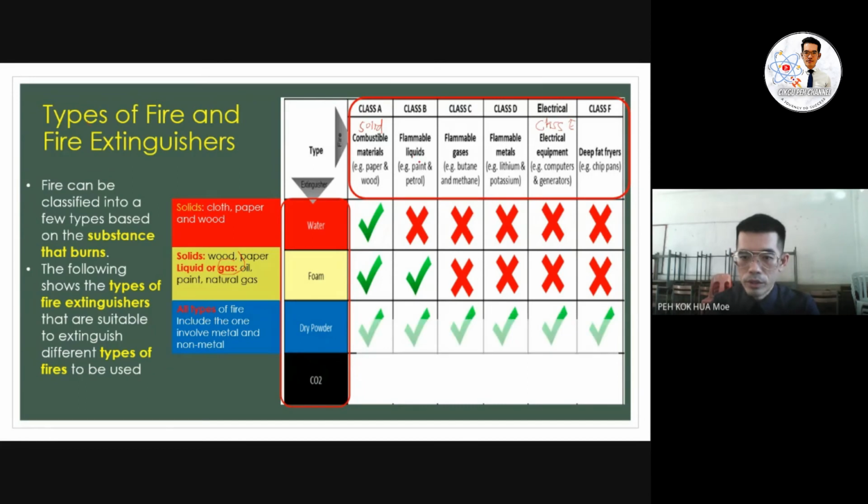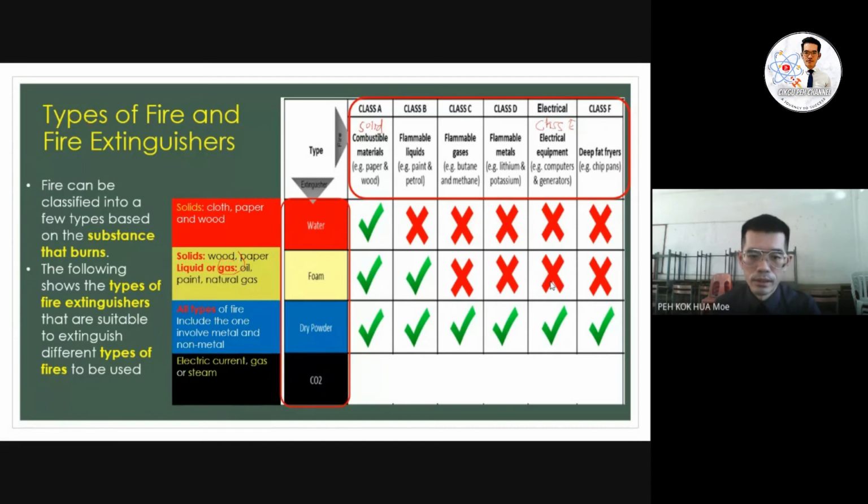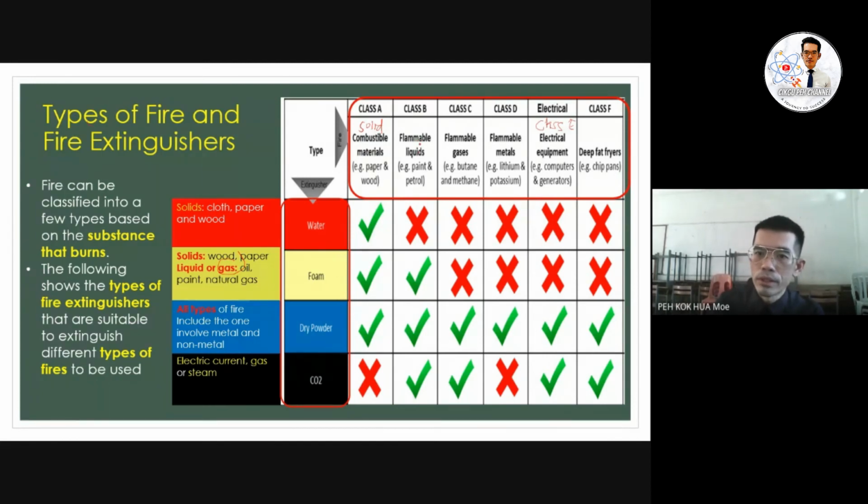That means all types of fire can be put off using dry powder. Then the last one will be the carbon dioxide type of fire extinguisher. It may put off the fire caused by electric current, gas, and steam. So here you can see it is able to put off fire in class B, flammable liquid, class C, flammable gases, electric current, and the last one, the deep fat fryer.